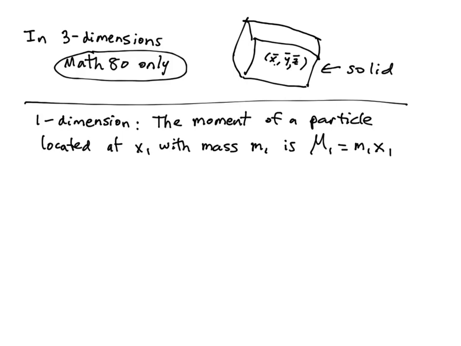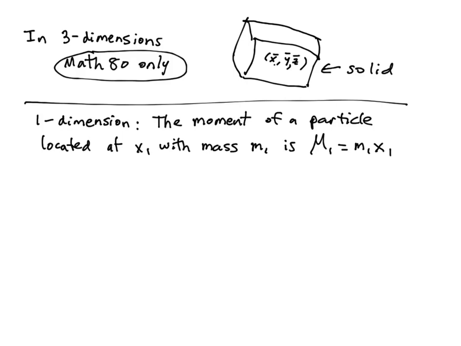Okay, so think of this as a weighted location. You're giving the location of the object, but you're also multiplying it by its mass. So it's like a weighted mass or weighted location.